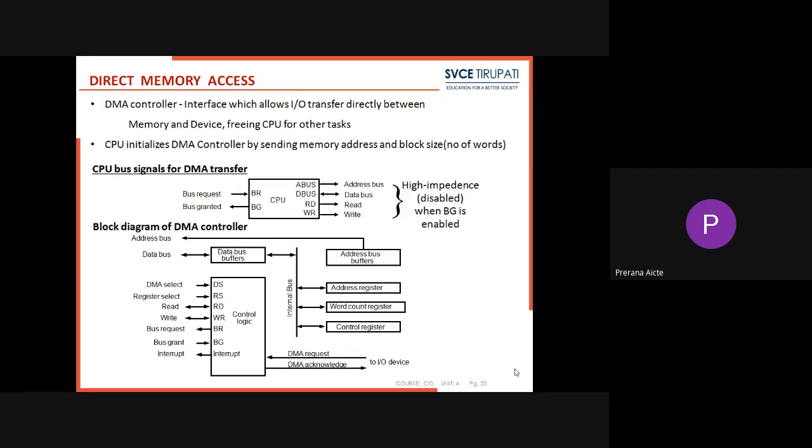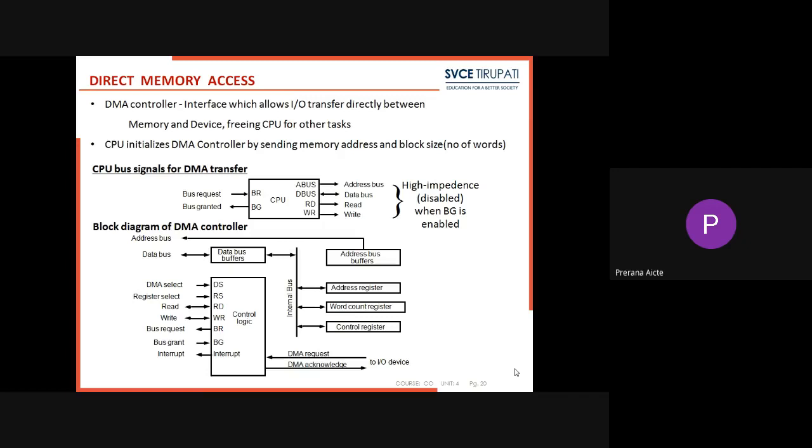The direct memory access that originated the bus request can take the control of the buses to conduct memory transfer without processor intervention. When DMA terminates the transfers, it disables the bus request line. The CPU disables the bus grant, takes control of the buses, and returns back to normal operation.